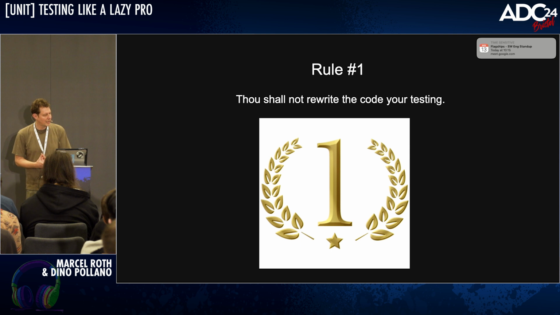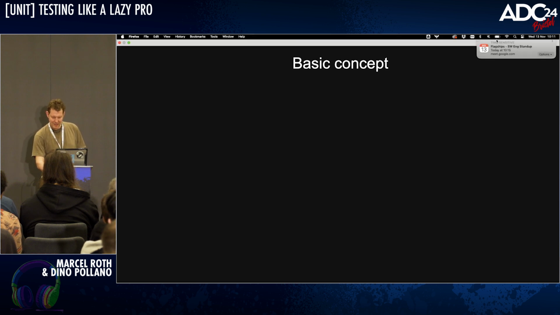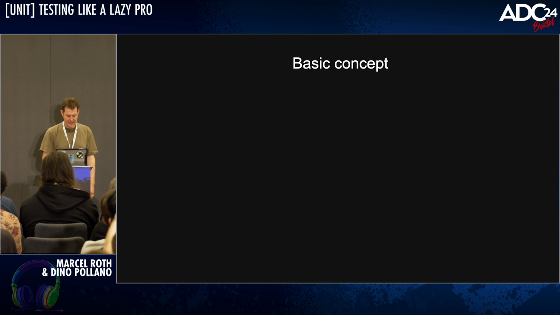So then rule number 1, in terms of going about the testing, thou shalt not rewrite the code you're testing. Just briefly, a more in-depth detail about the basic concept and how to structure your tests.